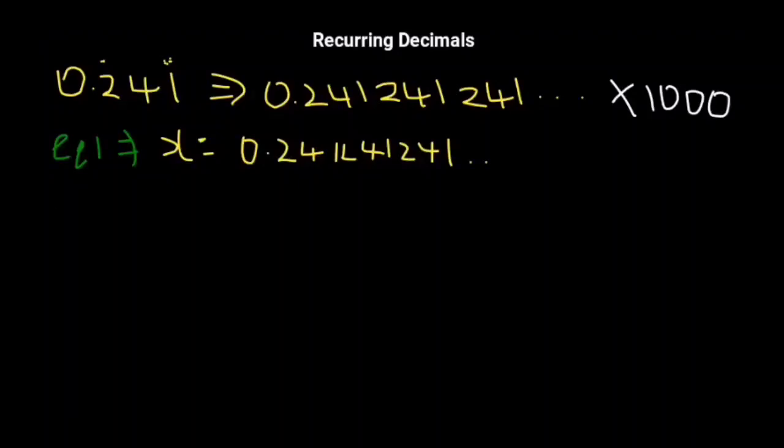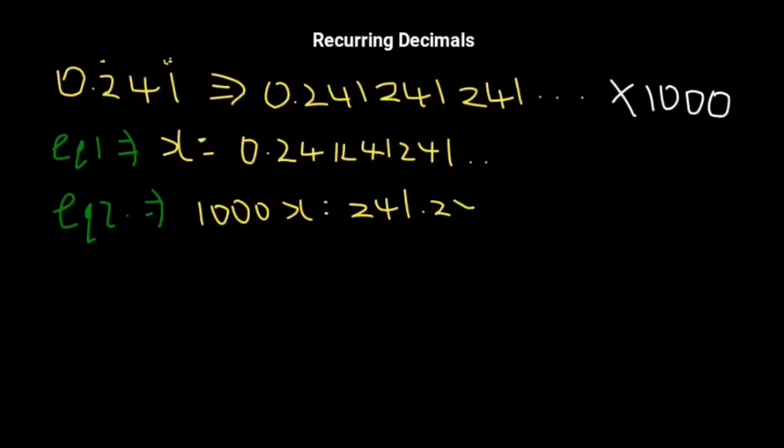And then our equation 2 will be 1000x. Remember, everything is being multiplied by 1000, so we have 1000x is equal to 241.241241.